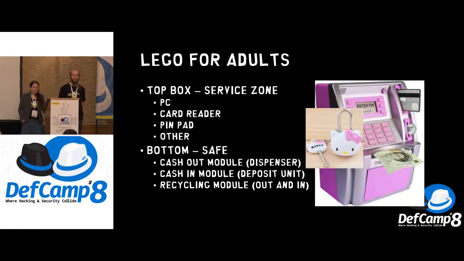This part of the ATM consists of a usual PC and various devices to interact with users, such as a card reader, monitor, and so on. The bottom part of the ATM, called the safe, usually consists of various cash devices like the cash dispenser, caching module, and recycler module.